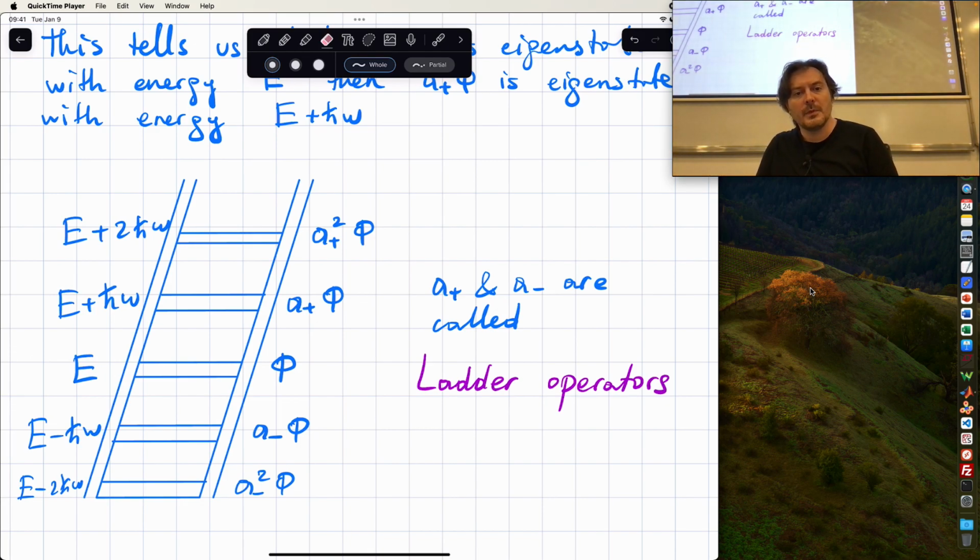Because this is just the beginning of quantum mechanics, okay? You keep developing quantum mechanics, and at some point you start looking at it in what's called second quantization.